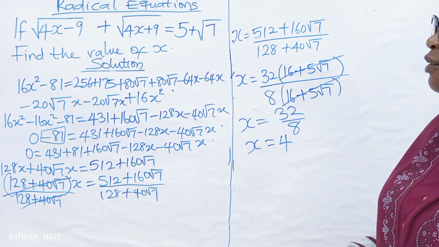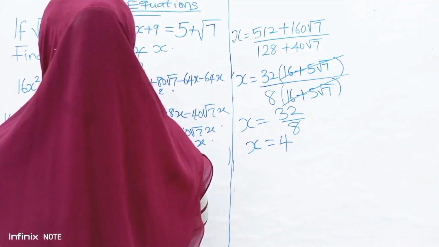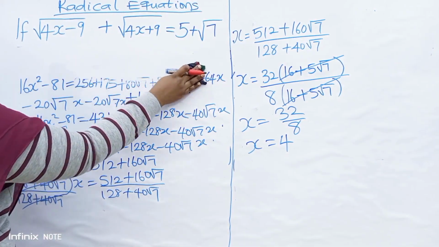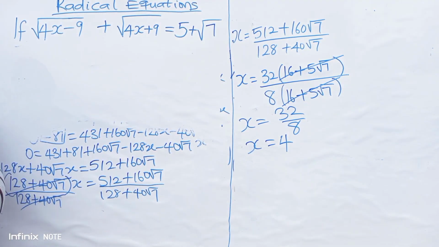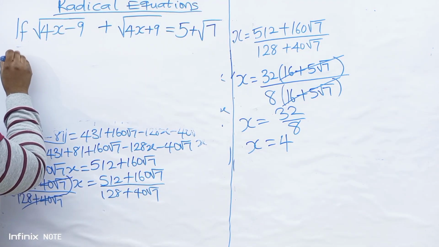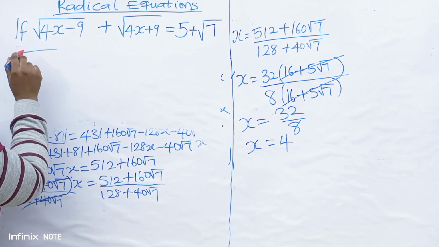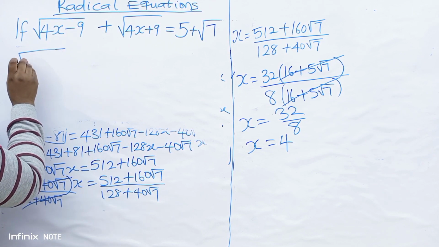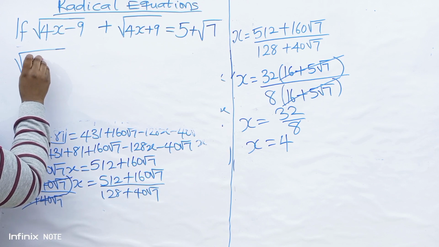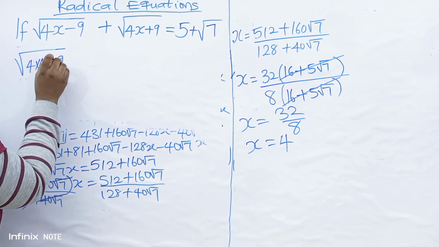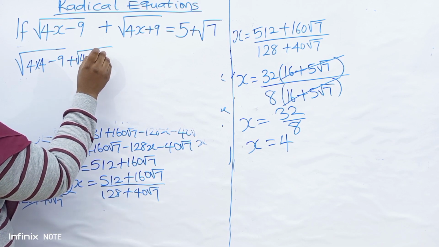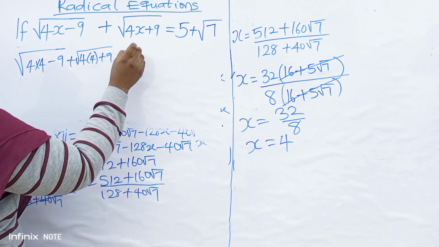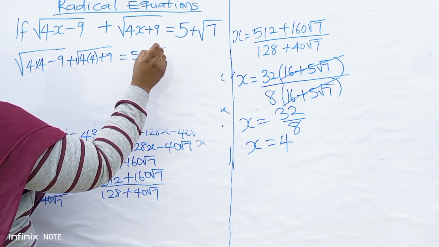But we can check whether it is correct or not. So let's substitute the value of x inside this equation. If I see x anywhere, I'm going to put what there? 4. So 4 multiplied by 4 minus 9 plus 4 multiplied by 4 plus 9 is equal to 5 plus root 7.